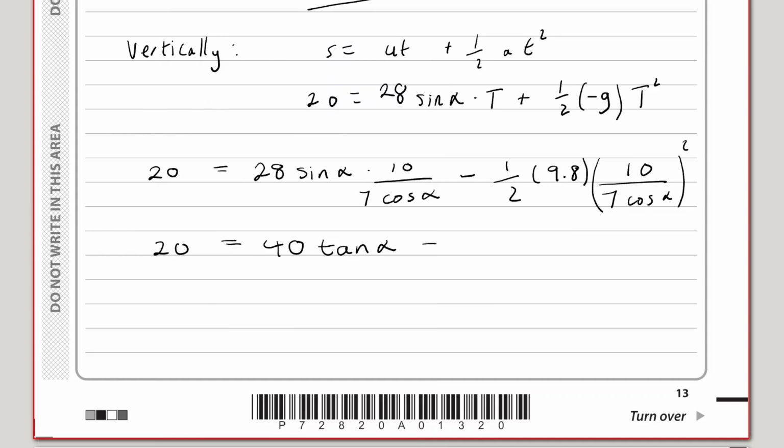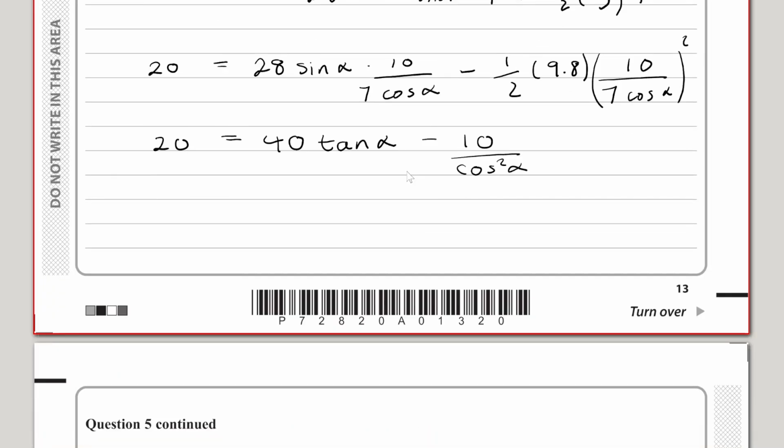So it's minus 10 over cos squared alpha. So we need to get rid of our cos squared alpha. And we're going to use our identities. So 1 over cos squared alpha, I'll write this in a different colour.